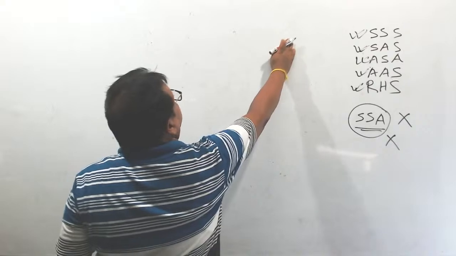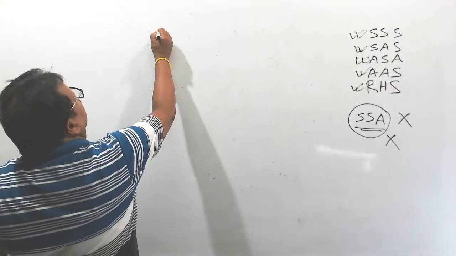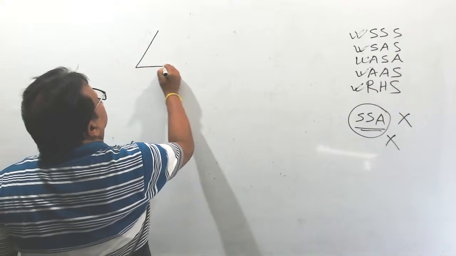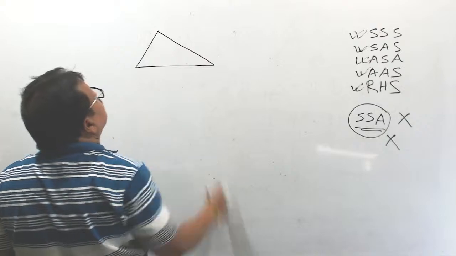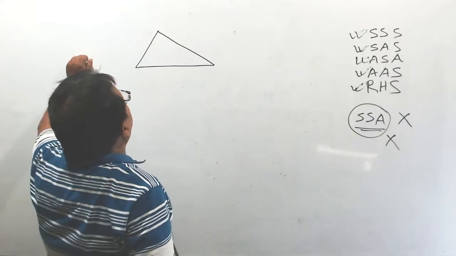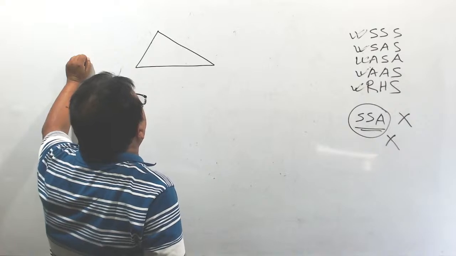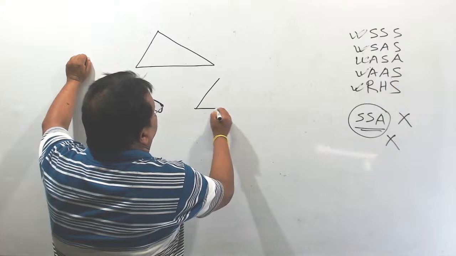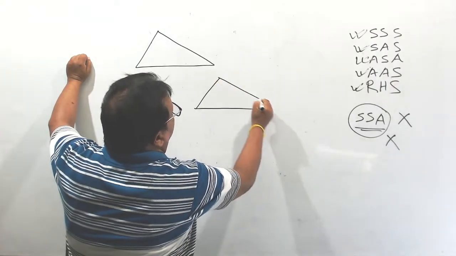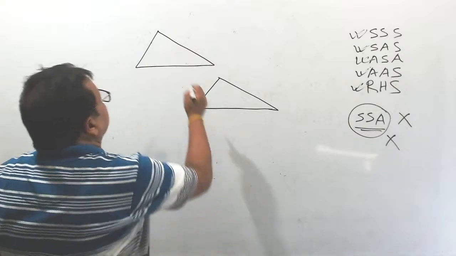Say, here is a triangle. Okay, here is another triangle. Let us assume these are the same.